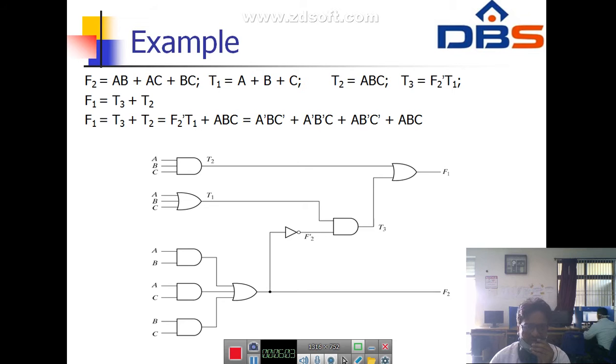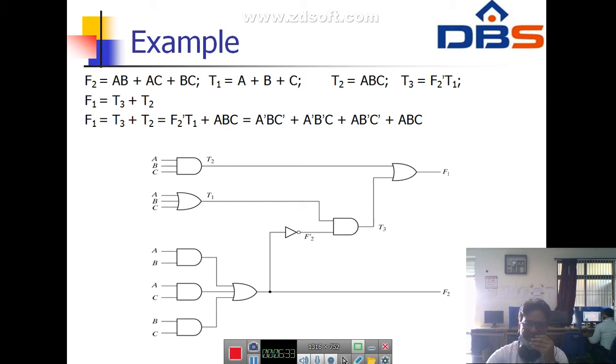By following that, we can design any combinational circuit for different functions. In this example we have different functions, T1, T2 and T3, and F1 and F2, and using T1, T2 and T3 we write a combinational Boolean function.